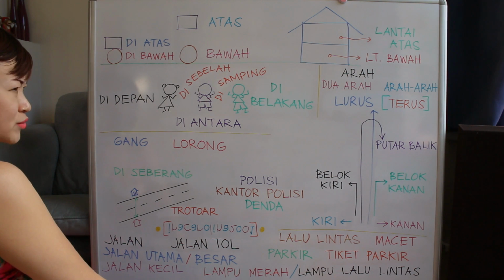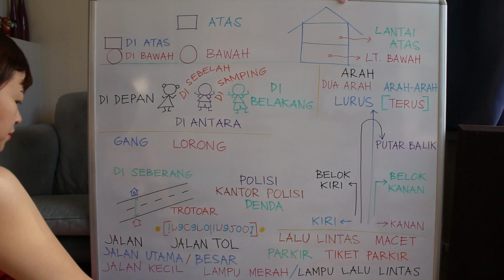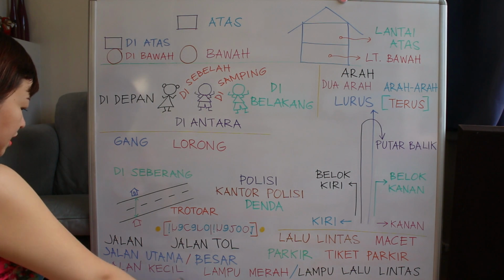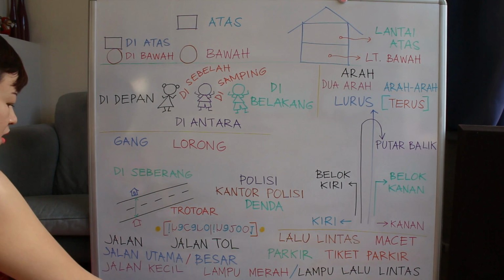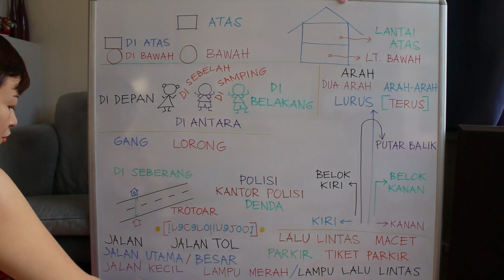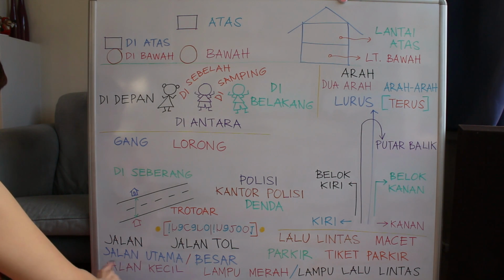For small road or street or lane, you say jalan kecil. Kecil is small. Jalan is road. Even though this is street or lane, we use the jalan.